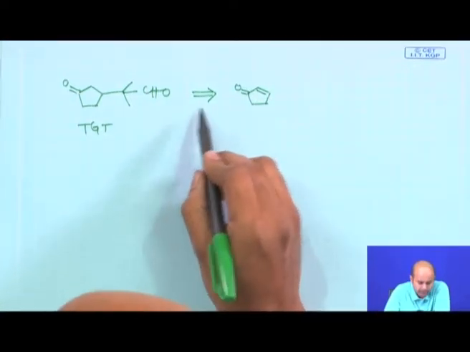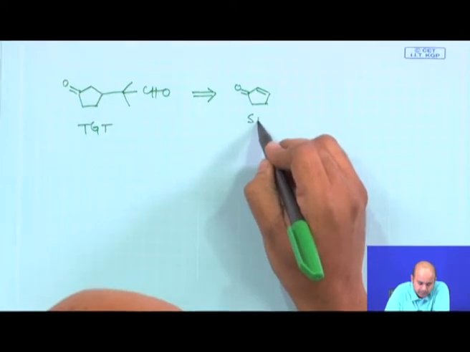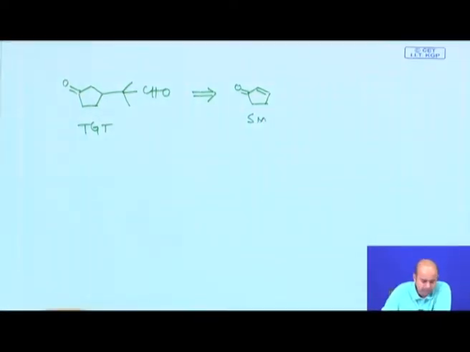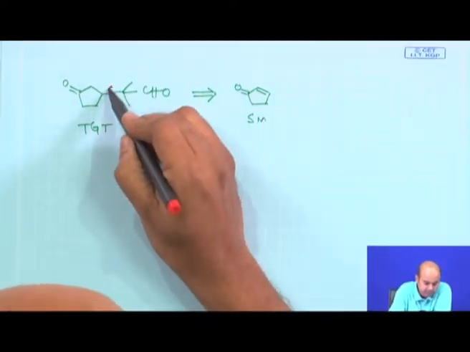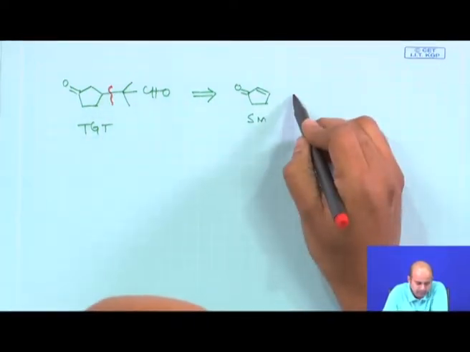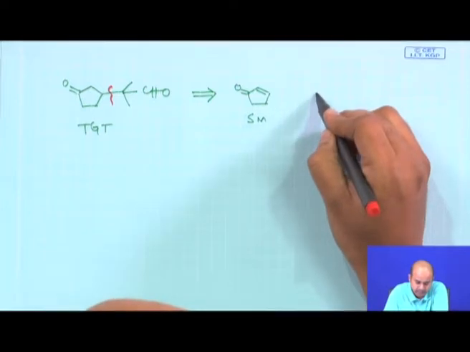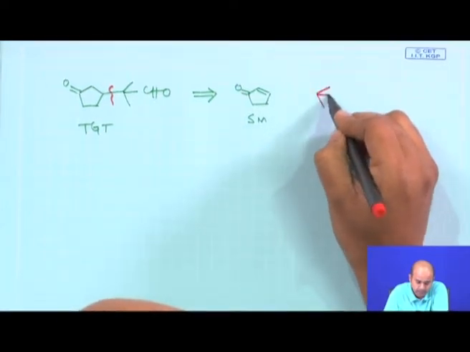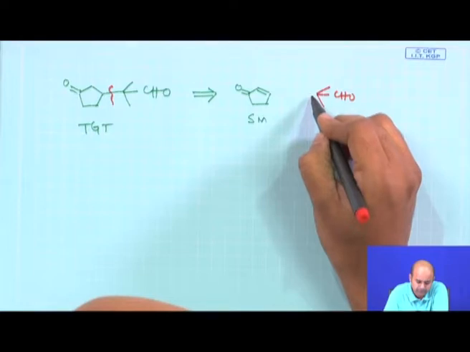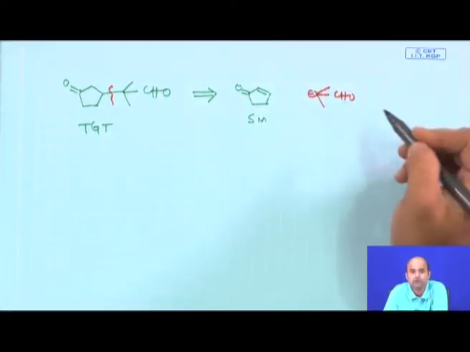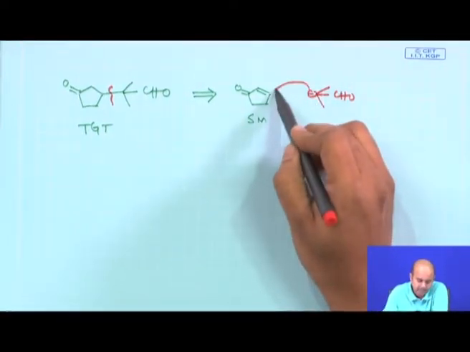Now, if you do a disconnection using a very standard disconnection, you will see that, okay, let us put a break here, and then if you have access to something like this kind of anion, it will attack in a Michael fashion.